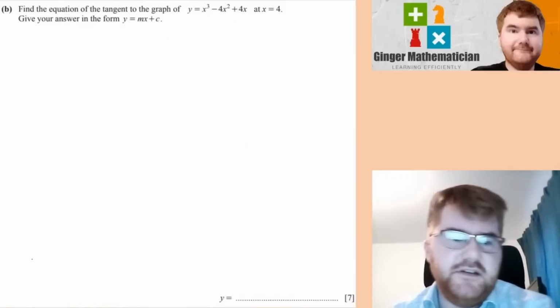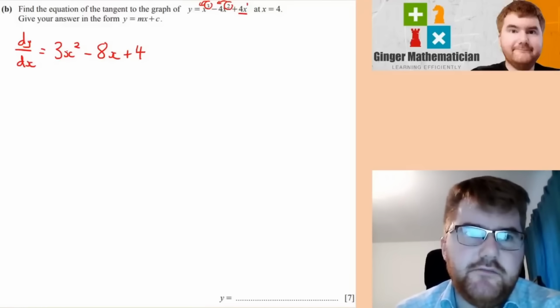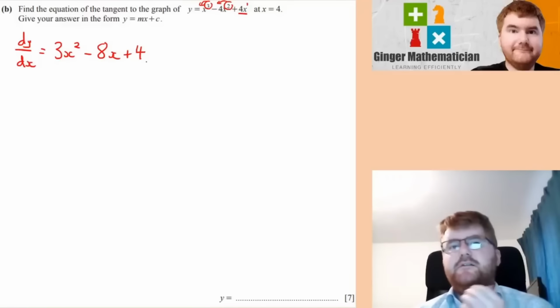Reduce the index by 1 is 8x. And don't forget, because you've got a 4x here, we do the same procedure because this is a 1. 1 times 4 is 4. And then reduce the index by 1. That's x to the power of 0, which is just 1. So we get the function of dy by dx is equal to 3x squared minus 8x plus 4.